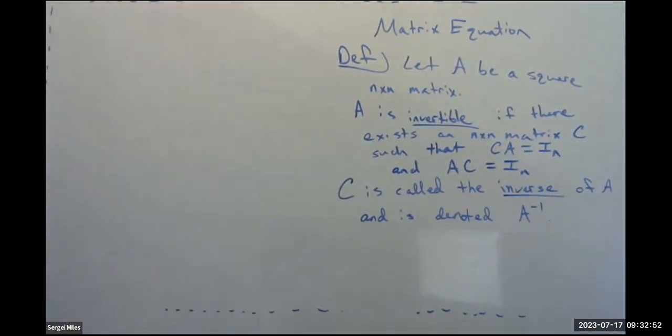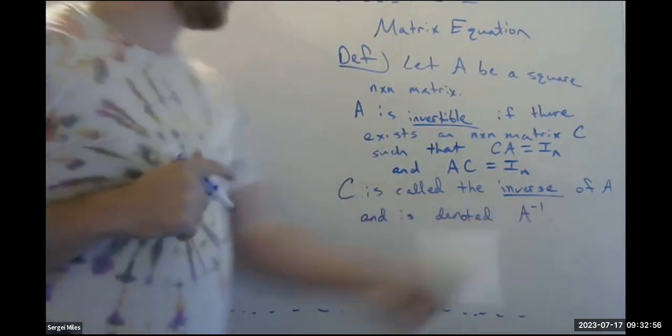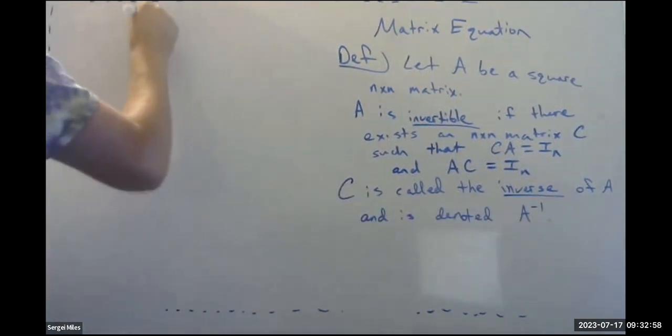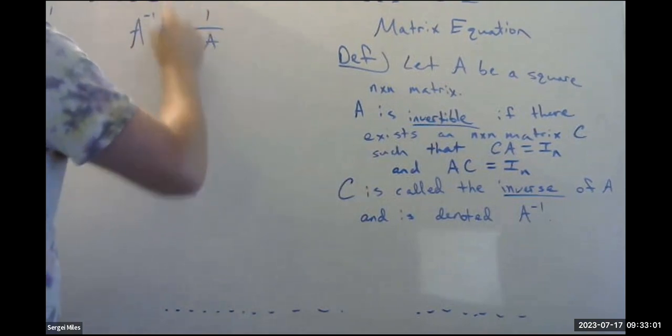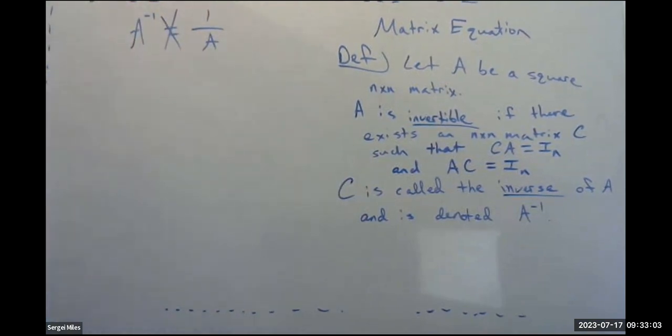Now, I want to be clear about the notation here. A raised to this -1st power does not mean 1 over A, right? That is not what this notation means.